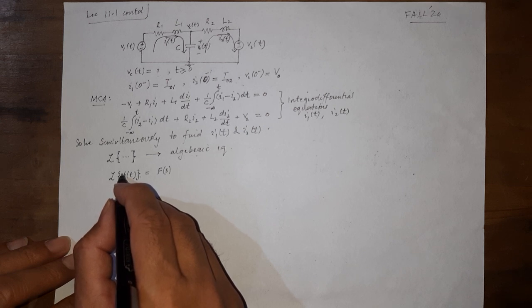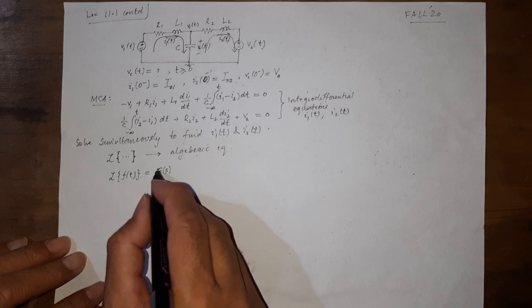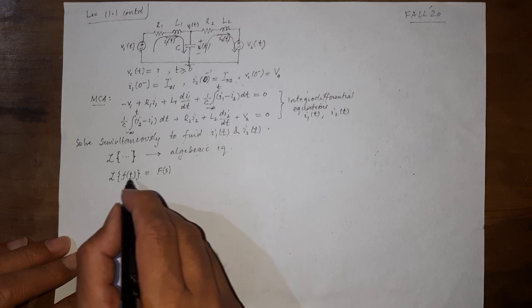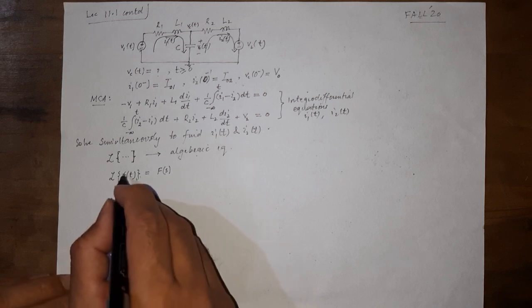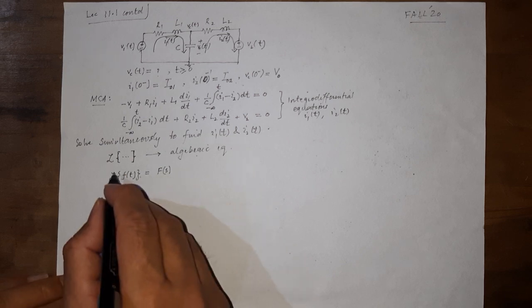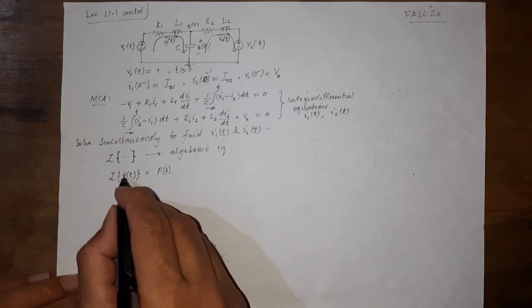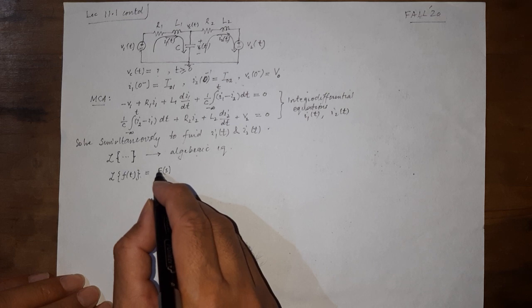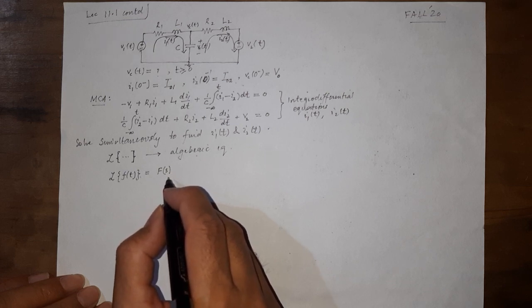In phasor, the small letters were used for functions of time, but capital for the phasor quantities. Here too, we are preserving that nomenclature. So small functions for functions of time and capital for functions of this operator. So this is some operation done on this, and we arrive with a function that is not of t but of some variable s.